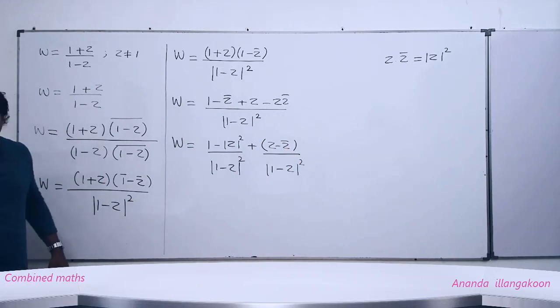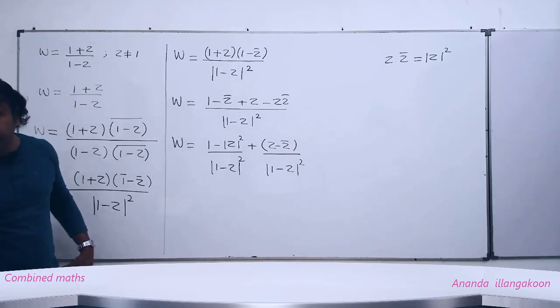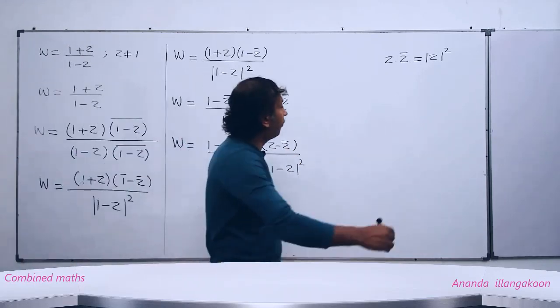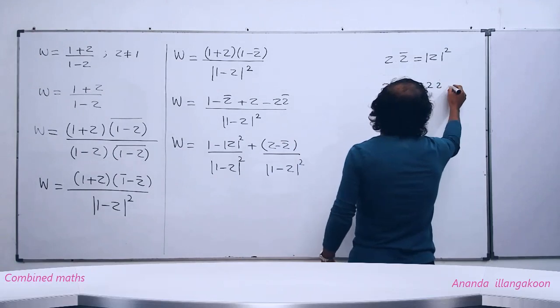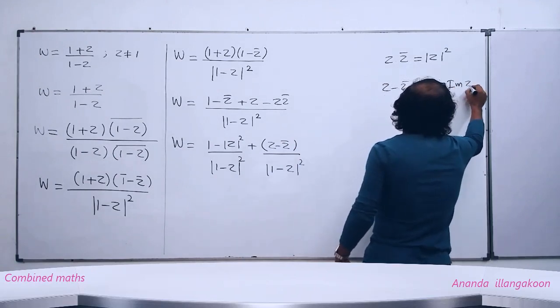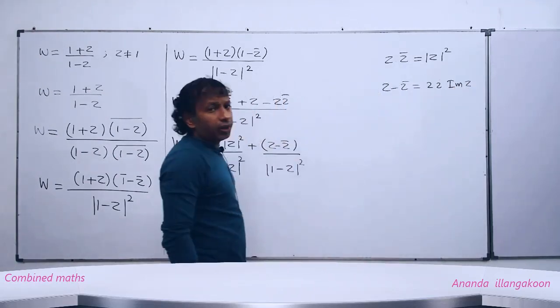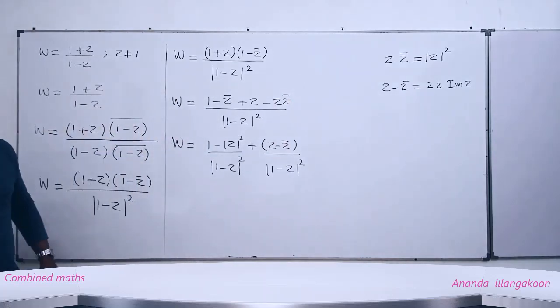But we have proved in the same question under theory, z minus z bar is equal to 2i times the imaginary part of z.